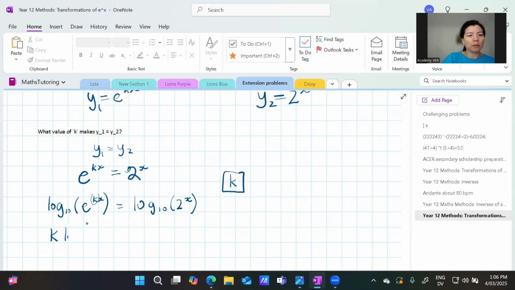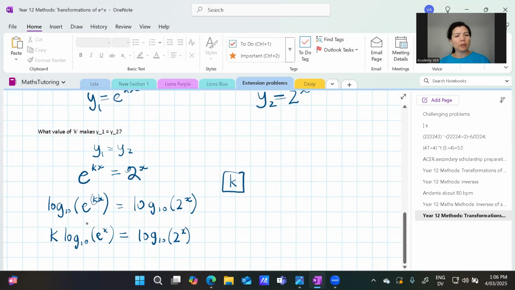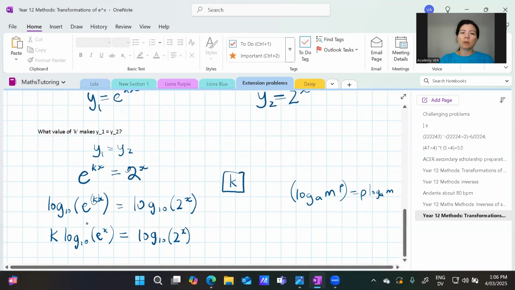So k log to the base 10 of e to the x equals log to the base 10 of 2 to the x. And that applies the log rule where you have log a of m to the power of p equaling p log a of m.